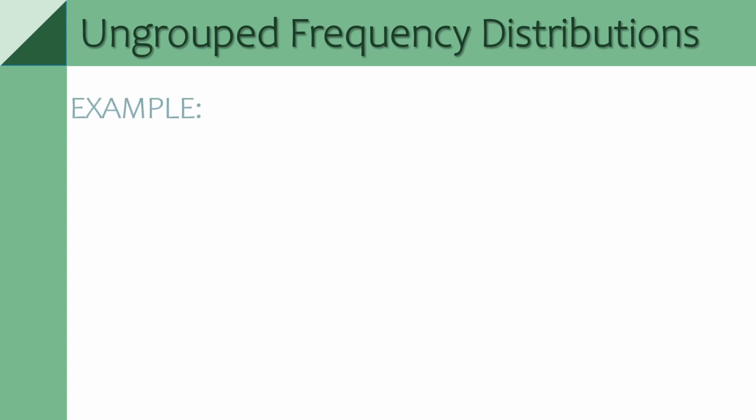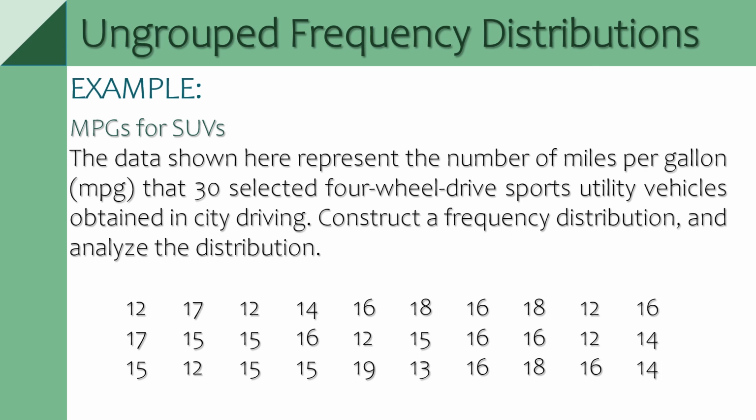So, example tayo. So, MPGs for SUVs. The data shown here represent the number of miles per gallon, so MPG, that 30 selected four-wheel drive utility vehicles obtained in city driving. Construct the frequency distribution table and analyze the distribution.